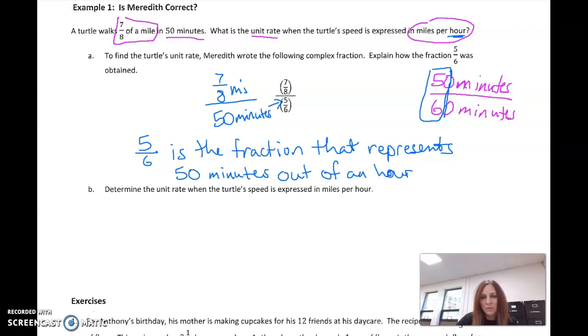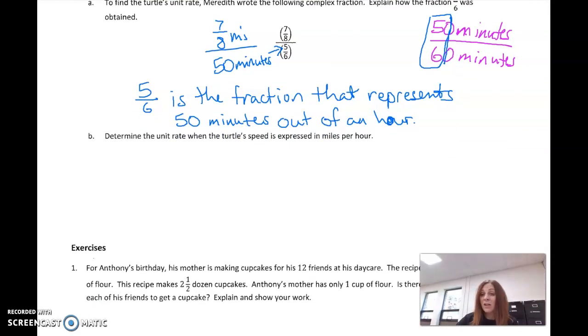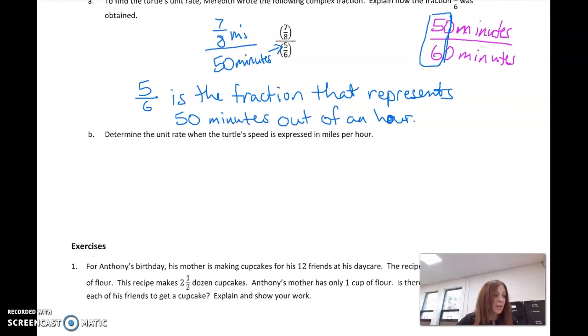So, sorry, sloppy, writing fast. So we're going to be dealing a lot with fractions and unit rates and everything. So let's do this problem and remember all of our rules for dividing fractions and all of that. B here says determine the unit rate when the turtle's speed is expressed in miles per hour.